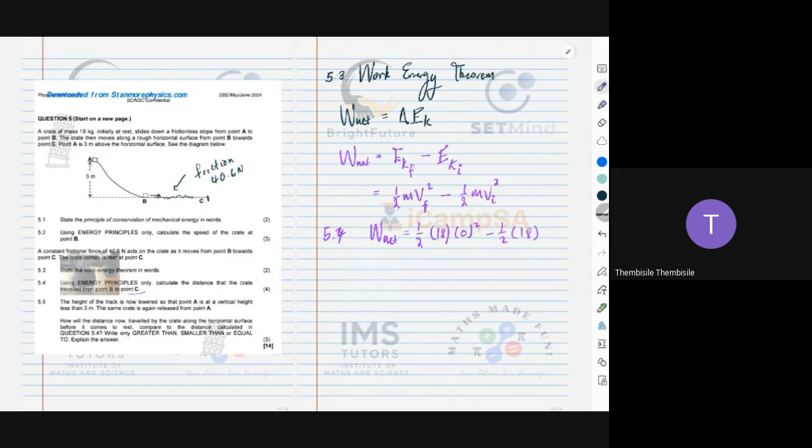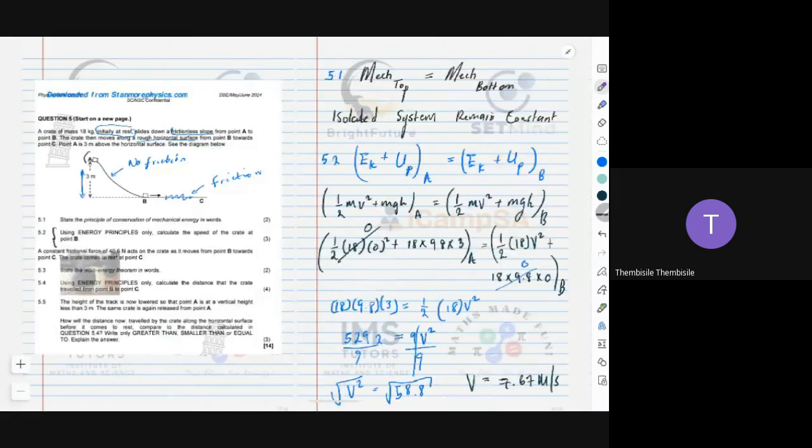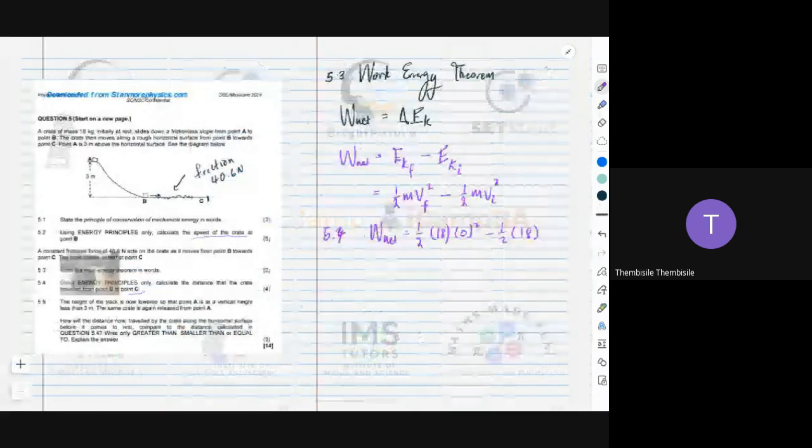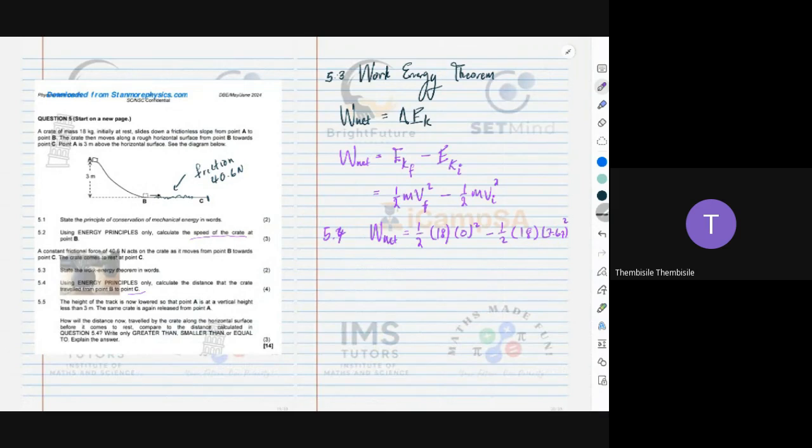Initially, let's see at B, what's the velocity at B? Did they mention it anywhere? Actually, they've asked us to calculate it here. Okay, so that means we need to fetch our 7.67 squared here. Okay, which is what we calculated.